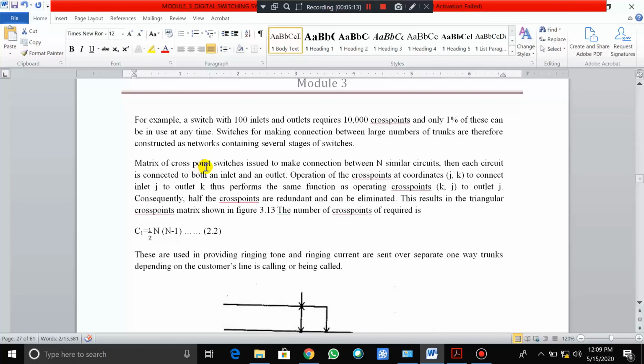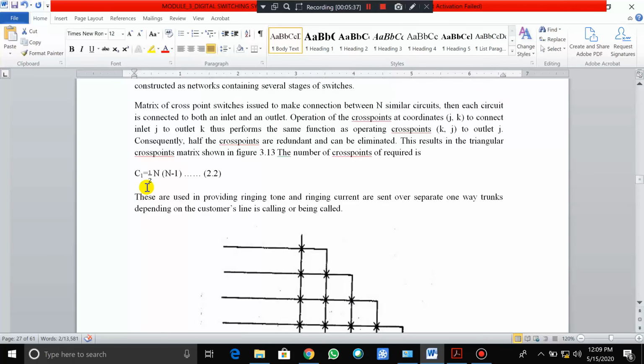A matrix of crosspoint switches is used to make a connection between N similar circuits. Then each circuit is connected to both an inlet and an outlet. The operation of the crosspoint at coordinates j, k connects the inlet j to the outlet k. Thus for the operating crosspoints, we have C equal to 1 by 2 into N minus 1.